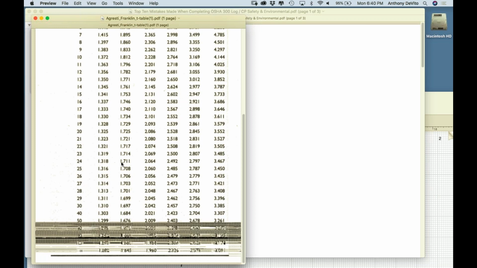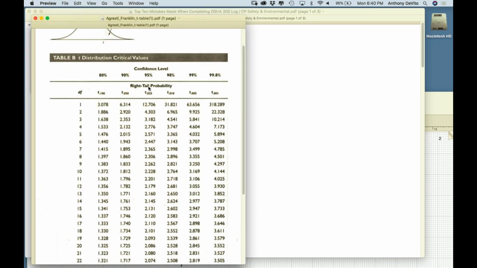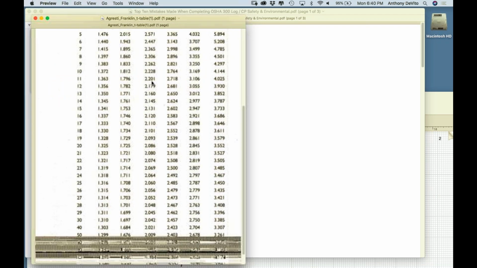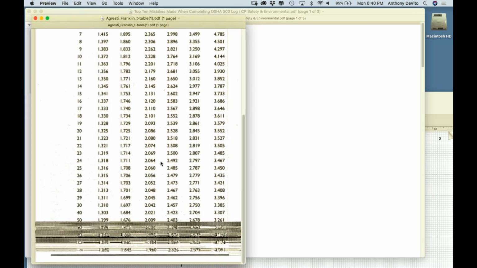So the t-value that we want for 95% confidence, for t alpha over 2, in other words, left tail and right tail each being 2.5%, or in other words, overall alpha being 5%, our t-table tells us that we should be using a t-value of 2.064.